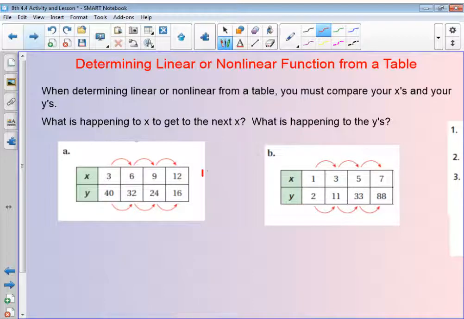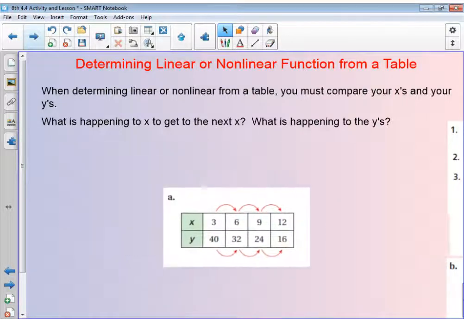So maybe this would be 18. You would see a constant pattern also within the y's, it's just that there was a bigger gap here than 3. Sometimes that happens. Sometimes you have to see the graph unless you're really good with numbers and you can decipher that. But remember, you have to have a constant pattern between both your x's and your y's.